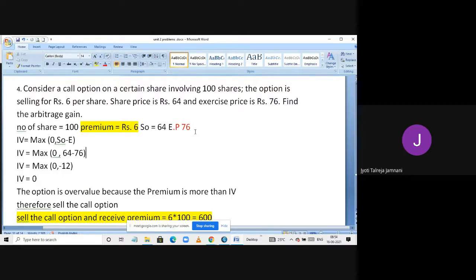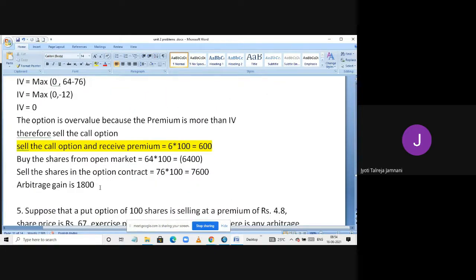It's not a futures contract that you have entered into, where the contract means you have to buy only. It is an options contract in which the call option holder has the right to decide whether he wants to buy or not. So any fool only will decide to buy at 76 rupees from me when he knows that it is available for 64. And when he has a choice to reject the option contract and go to the market, he will obviously reject it. But if he still buys from me instead of going to the market, he will lose, and I will gain the premium plus additional amount.